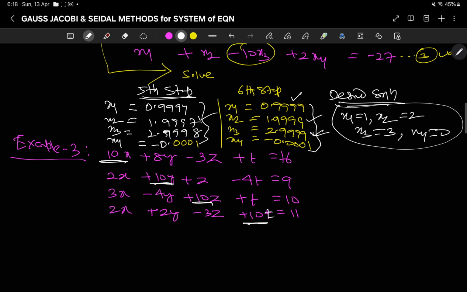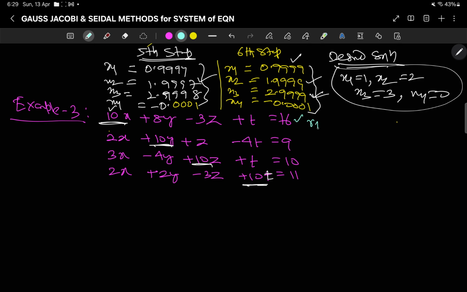However, you see this 10 in row 1: 10 is not greater than 8 plus 3 plus 1, right?